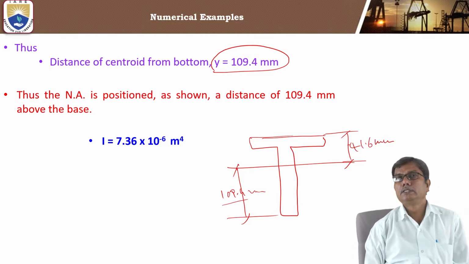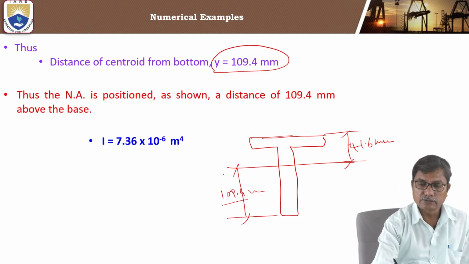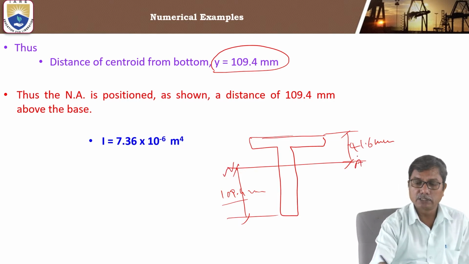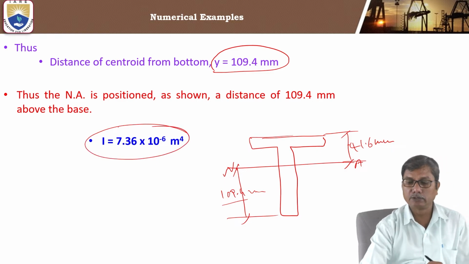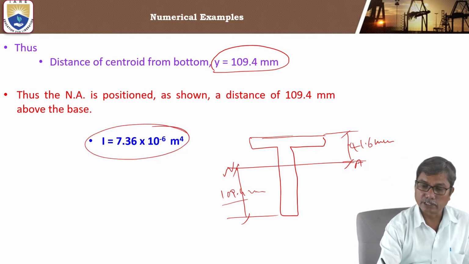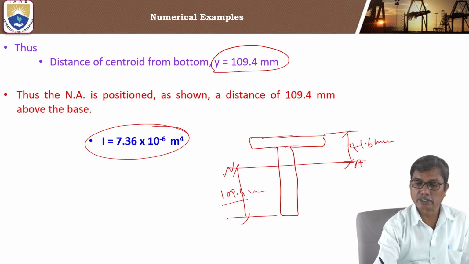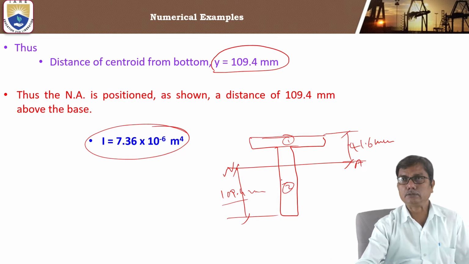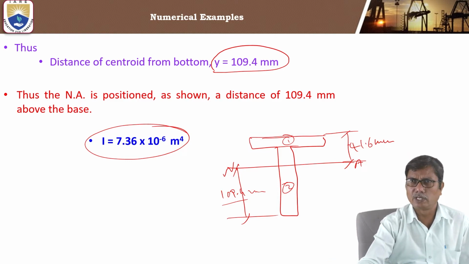Now, knowing the location of the centroid, we can find the moment of inertia about the centroidal axis by using the parallel axis theorem again. For that also we consider areas 1 and 2 separately and use the parallel axis theorem.